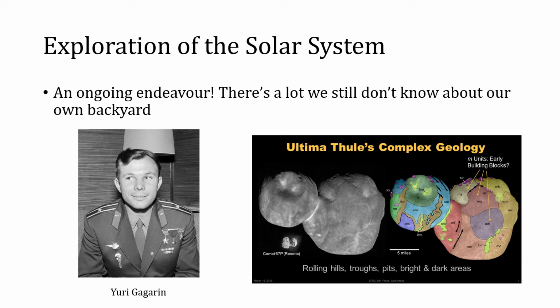When I first heard of this object, it was called 2014 MU69. Since then it's been found, it's been photographed, it's been visited by a space probe called New Horizons, and it reached this object like 3 years ago.